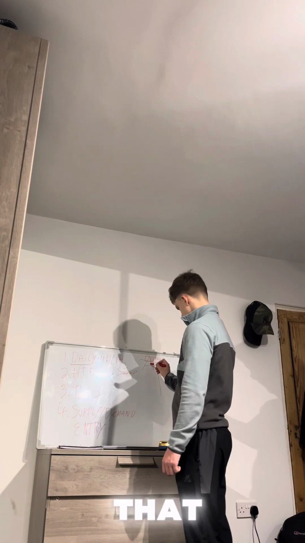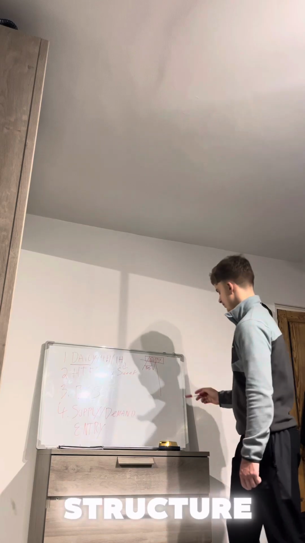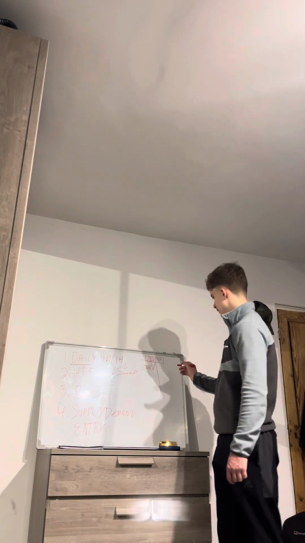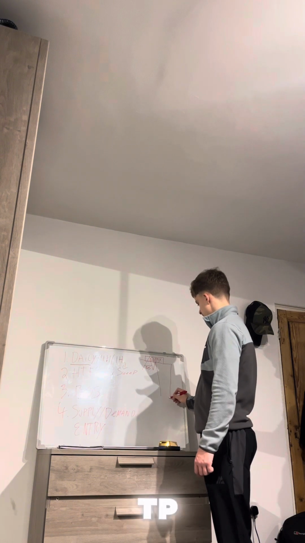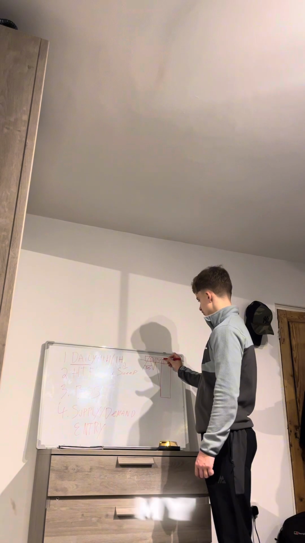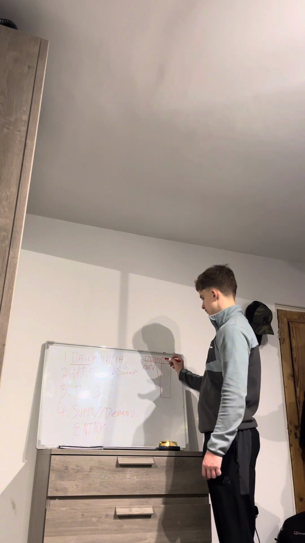Say we've got a 1 minute candle here, and we break structure, meaning we close below, and then we retest our supply for our entry. So my entry would be here, my TP would be wherever I'm targeting, and my stop loss would be just by that high, like this.